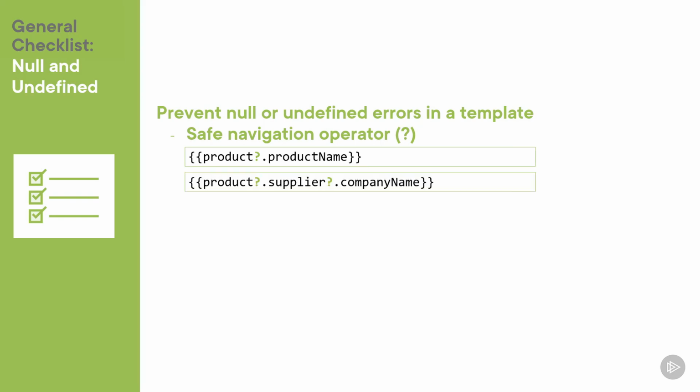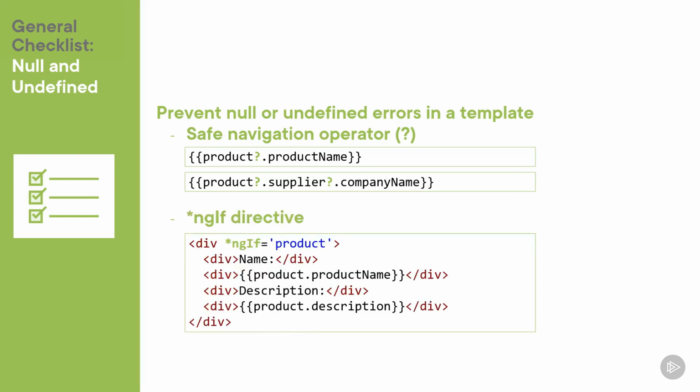We can use the safe navigation operator to safely navigate down a chain of properties as well. Use the ngIf directive to remove an entire set of elements from a template if the value of a property is null or undefined. This is useful when accessing multiple properties or to also hide titles or labels.